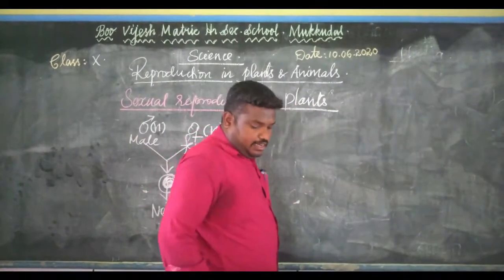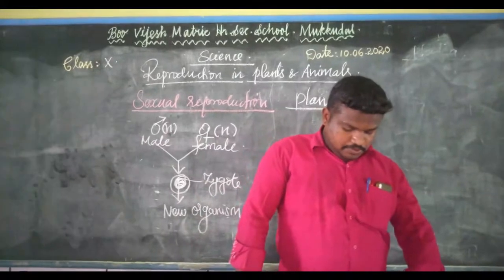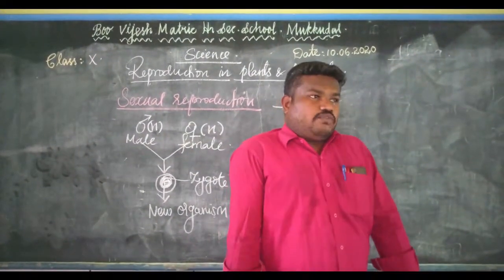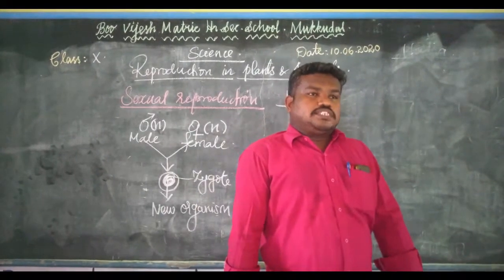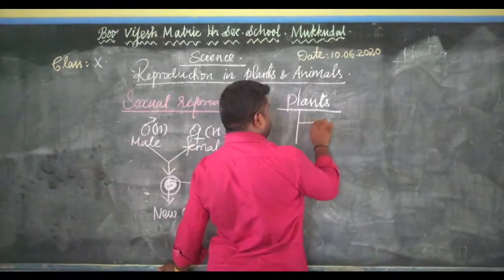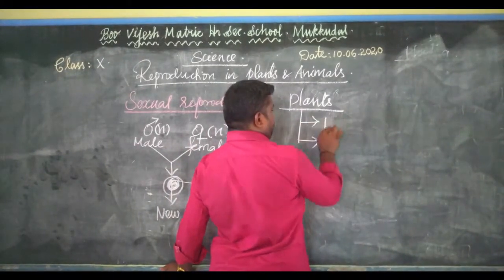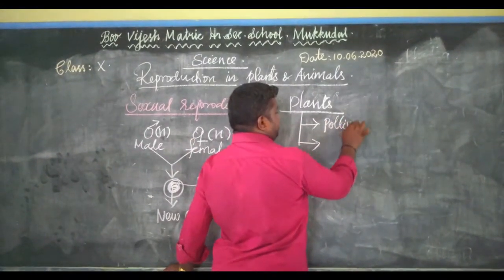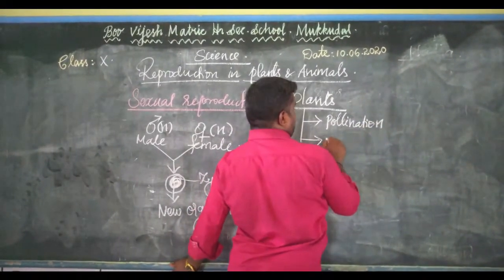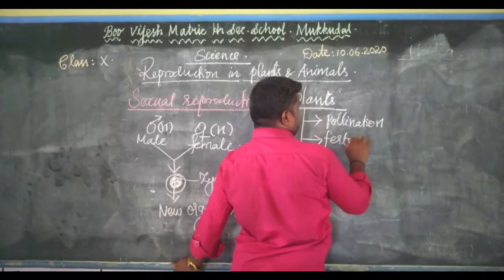Okay. Next, sexual reproduction in plants. So the plants reproduce their young ones, isn't it, by two processes. One is pollination and the second one is fertilization.